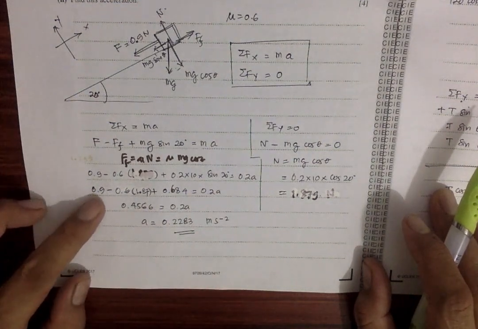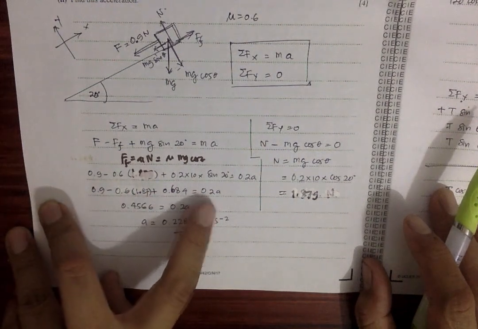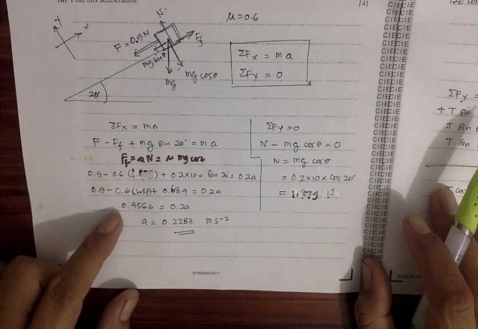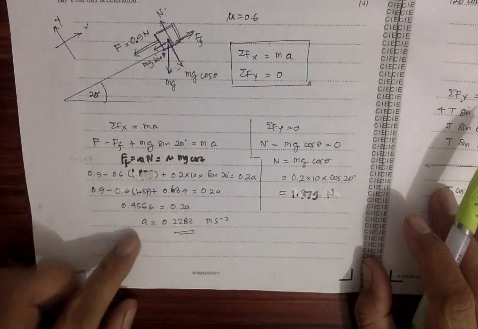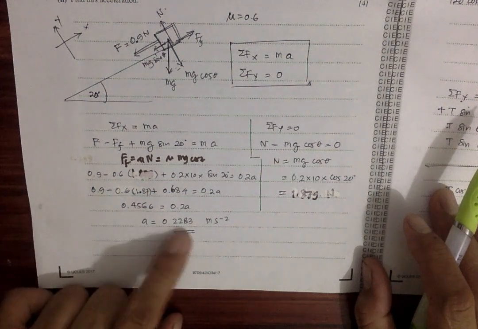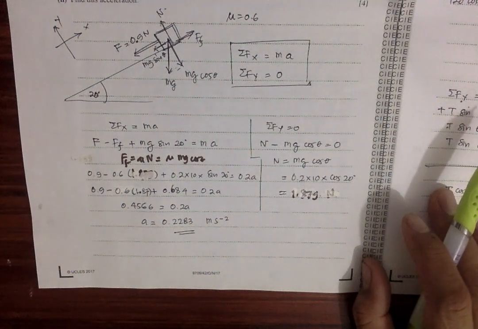Then we get a number equal to 0.2a, and a equals 0.2283 meters per second squared. Okay, that's number 1.